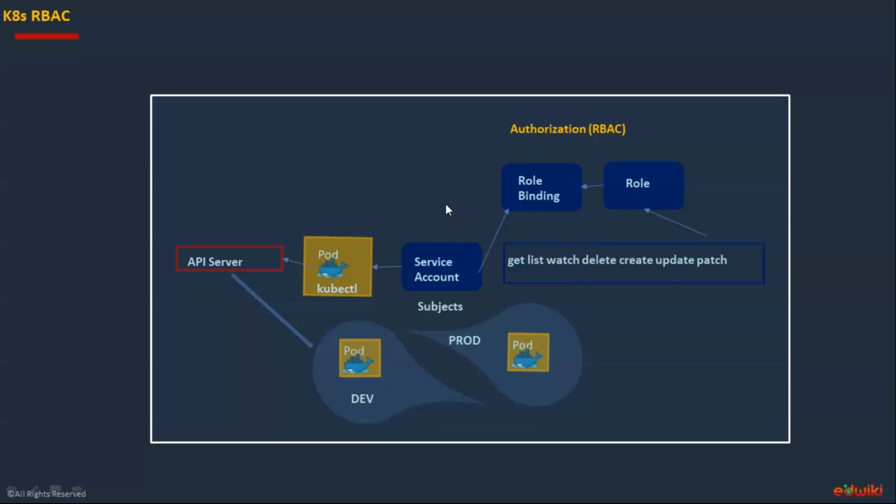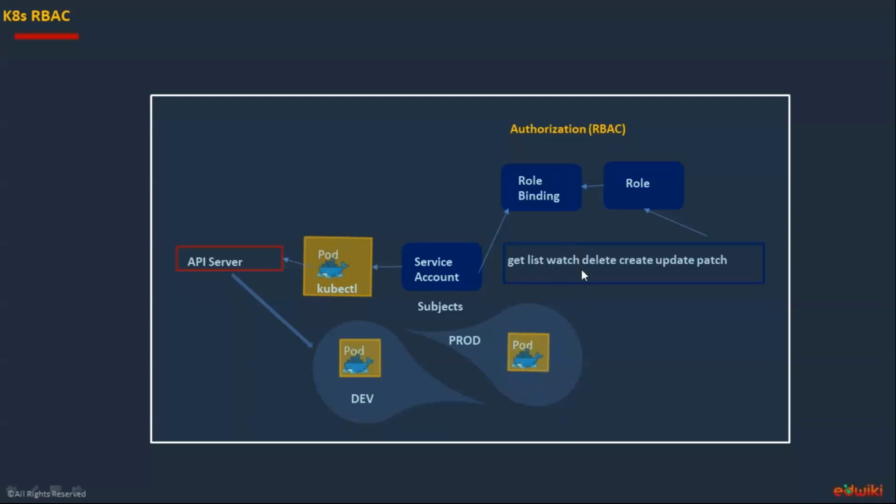The advantage here is that for this service account we can restrict for which namespace the access can be given as well. Let's say I tell that the access should be given for only the dev namespace. Then using the kubectl client on your pod, it can manage the resources only on the dev namespace. It cannot manage something on the production namespaces.